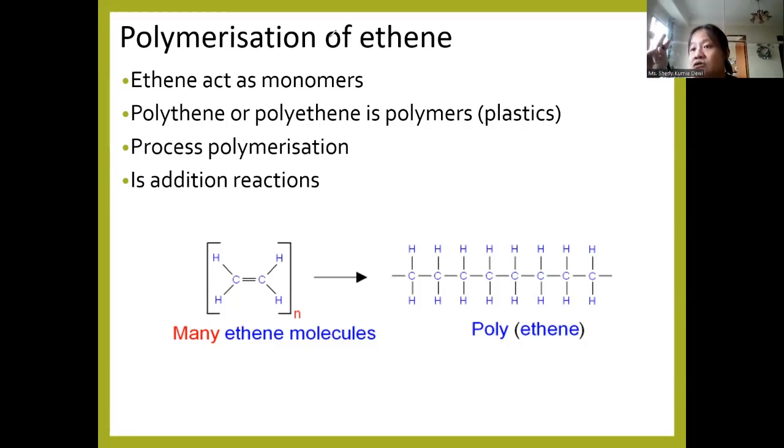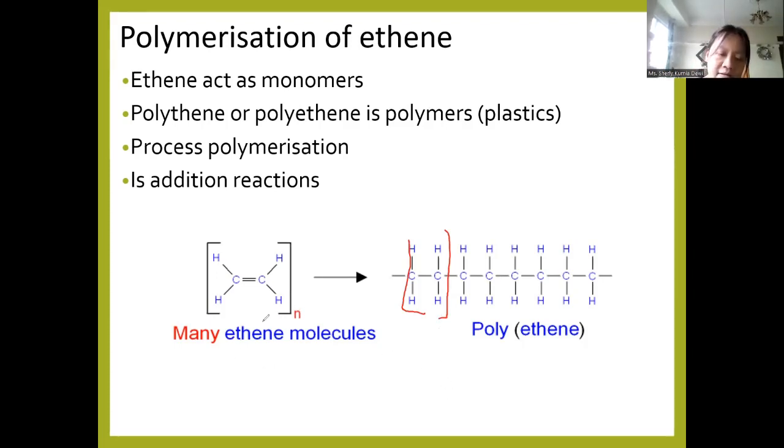Because remember, addition polymerization should be made from a double bond molecule. Monomers should have a double bond, so they should have at least 2 carbon. So if I draw the repeating unit, this is the repeating unit. 2 carbon, right? At least.